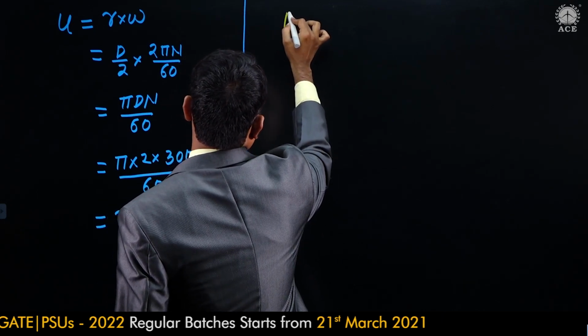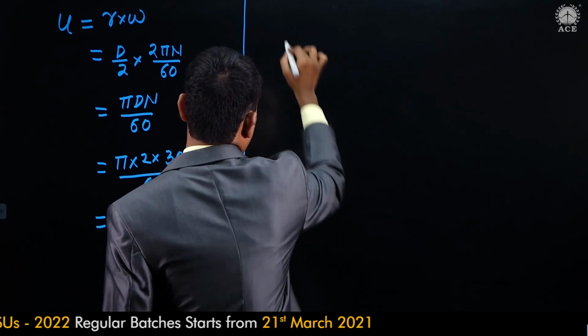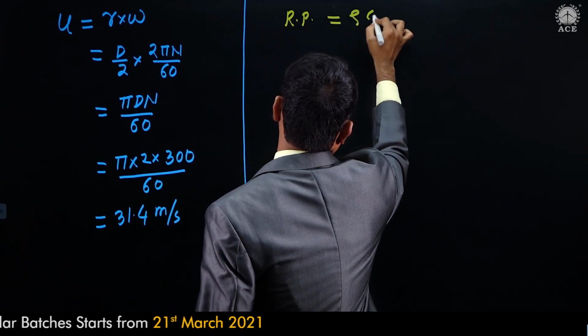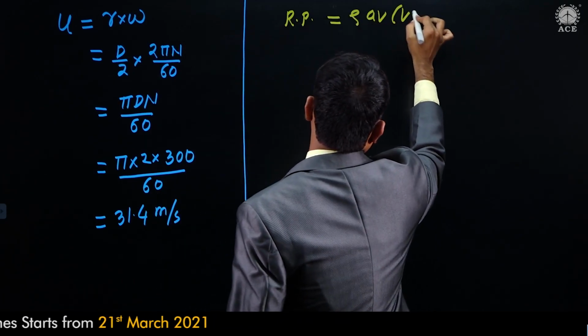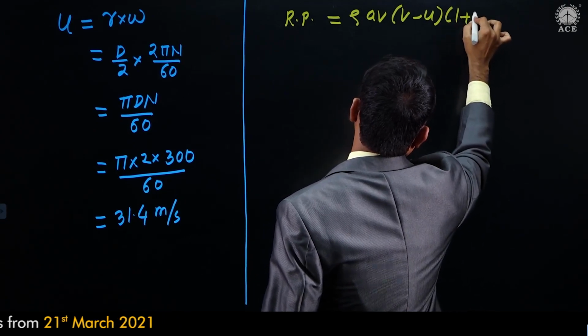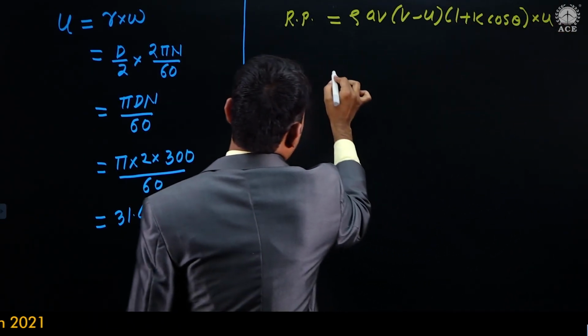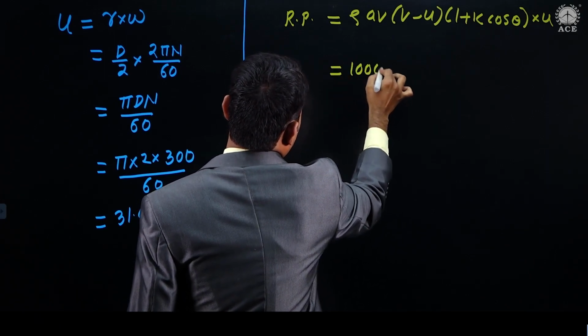So the runner power formula is rho A V into V minus U into 1 plus K cos theta into U. Substitute here. Rho is 1000.